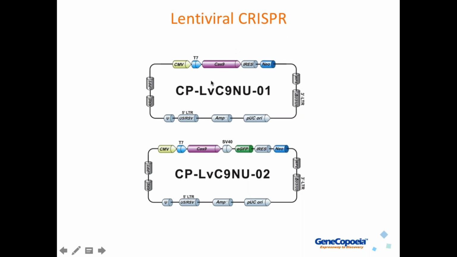And the reason we do this, that we don't have Cas9 and single guide RNA on the same plasmid, is because the presence of Cas9 causes lentiviral titers to drop by anywhere from 10 to 100-fold because it's a fairly large gene.